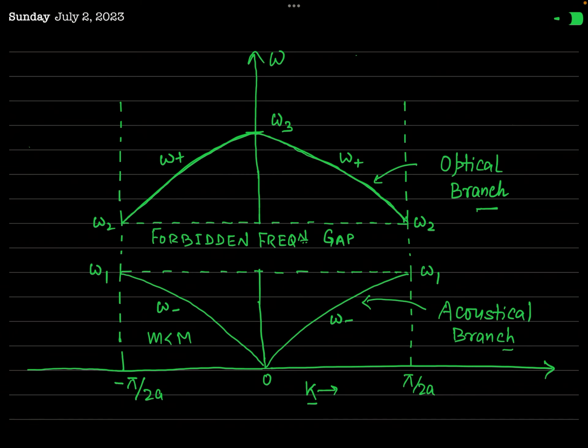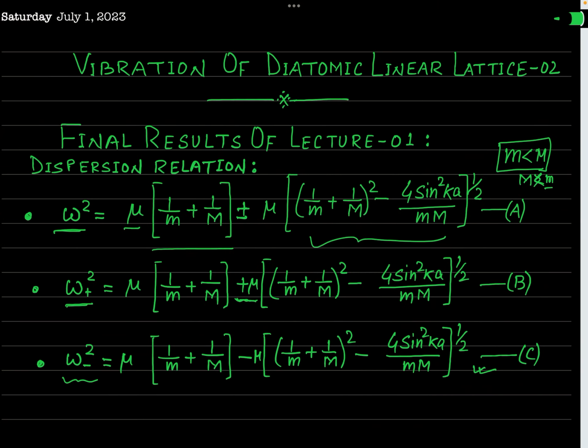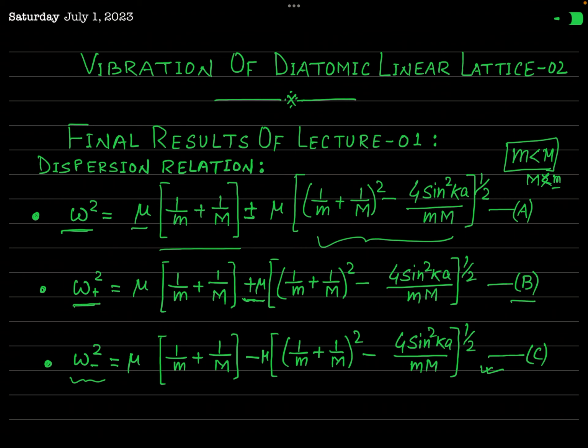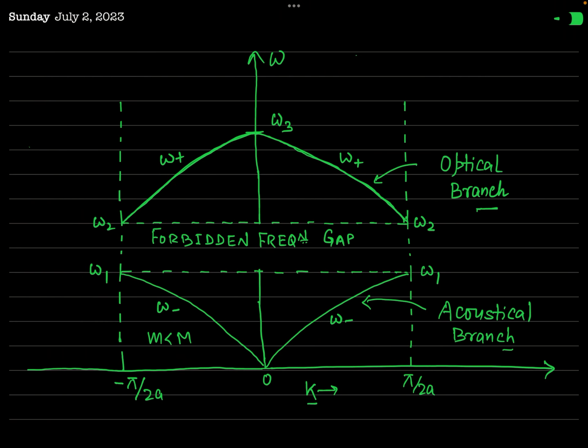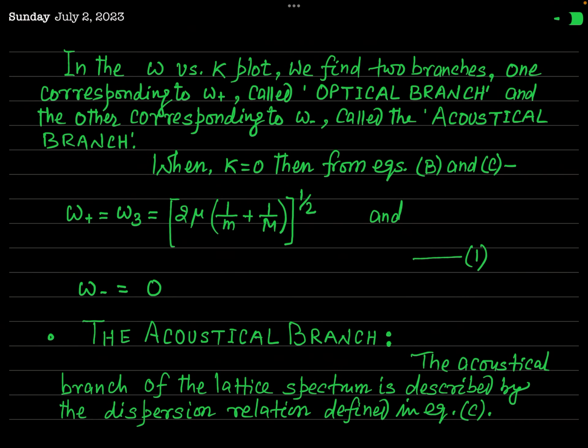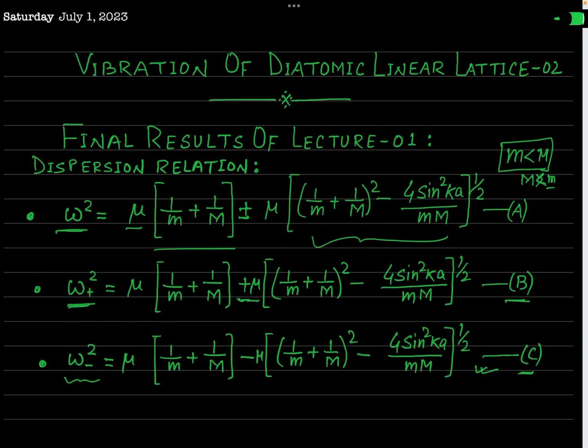You can easily find them by taking k equal to 0 in these two results, that is in equation B and equation C. So when we substitute k equal to 0 in equation B, we will obtain the value of omega plus, and putting k equal to 0 in equation C, we will obtain the value of omega minus for k equal to 0. So now let us find these two values. For k equal to 0, what will be this omega plus? You can see this value.